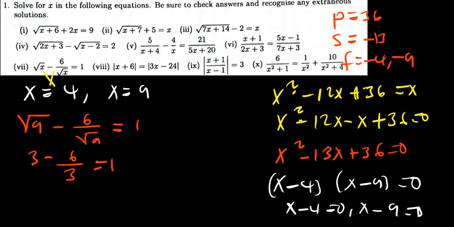So we'll have 3 minus 2, that is going to give me 1. Indeed, 3 minus 2 is 1. 1 is equal to 1. So the only solution in this case is just x equal to 9. As simple as that.